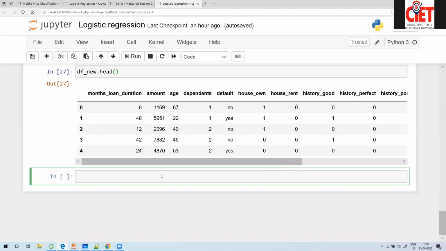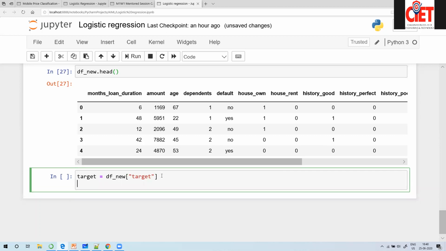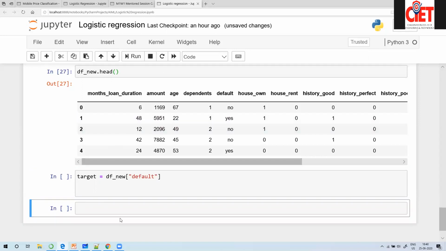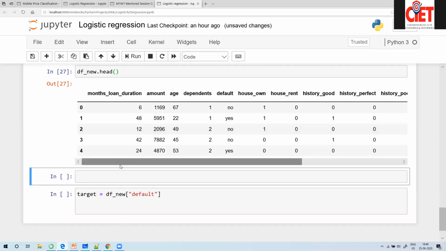Let's try to split this into training and test. So before that, we need to separate our data. So df underscore new, and in this we are going to select target. This is going to be default. So default is going to be our target variable. Except default, rest all of them are going to be our input columns.